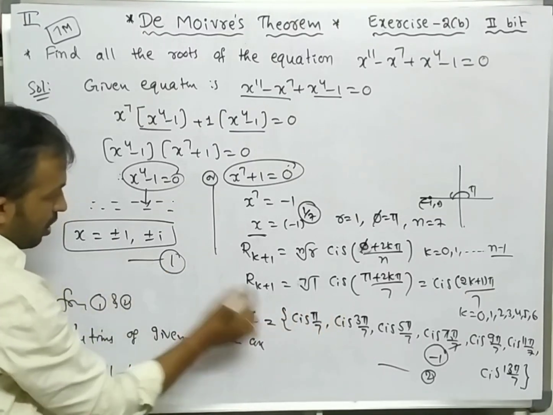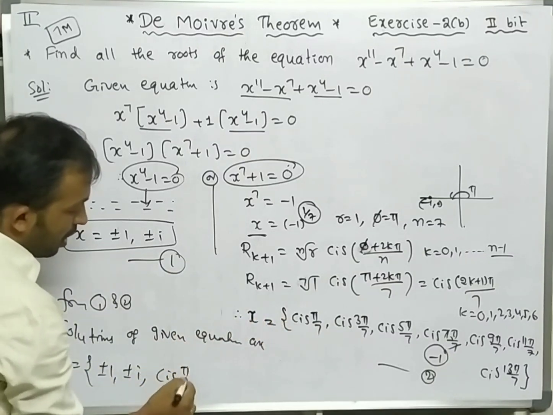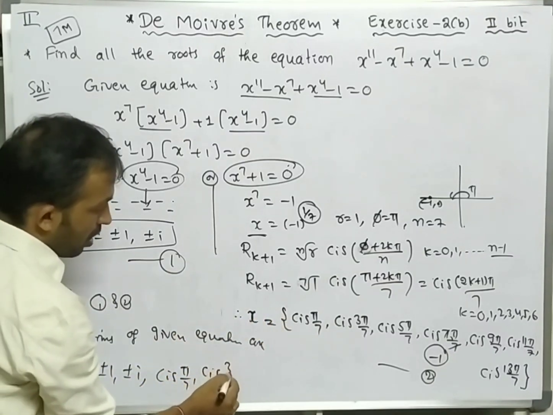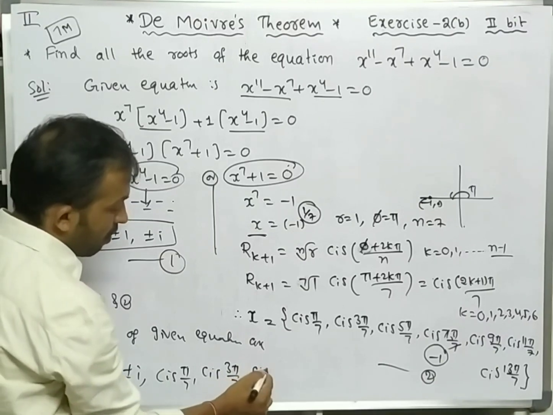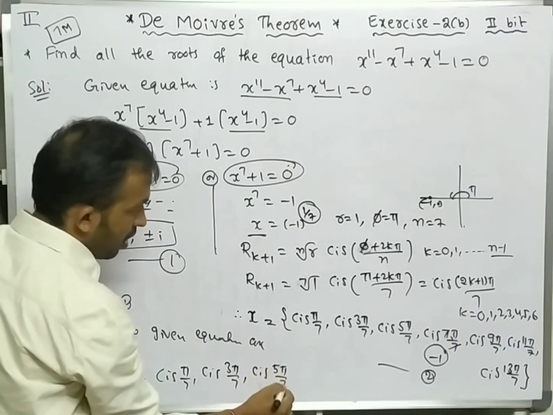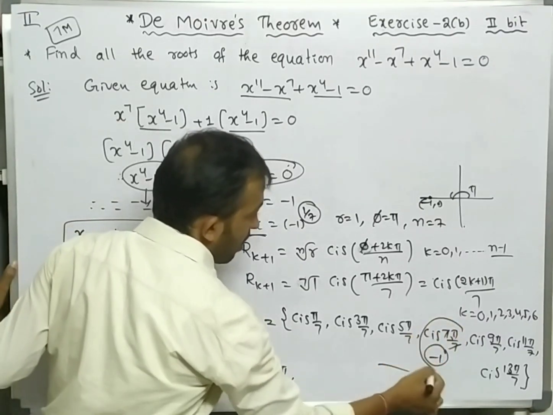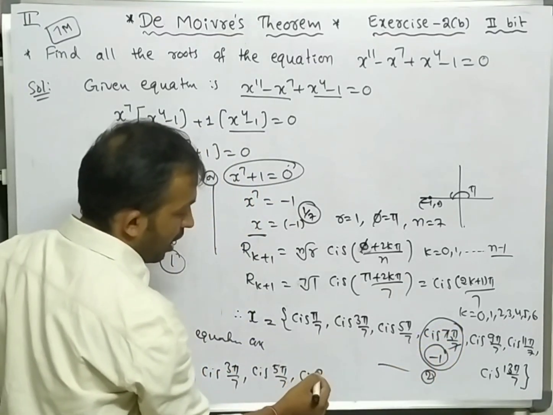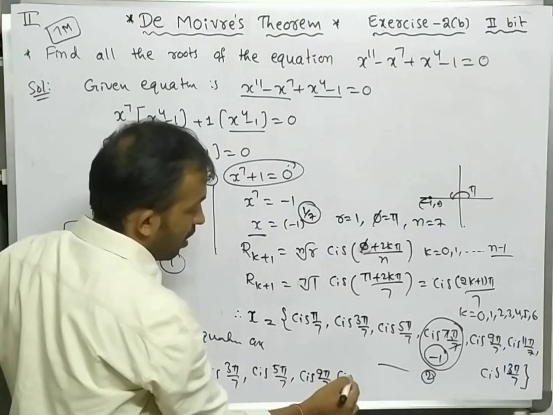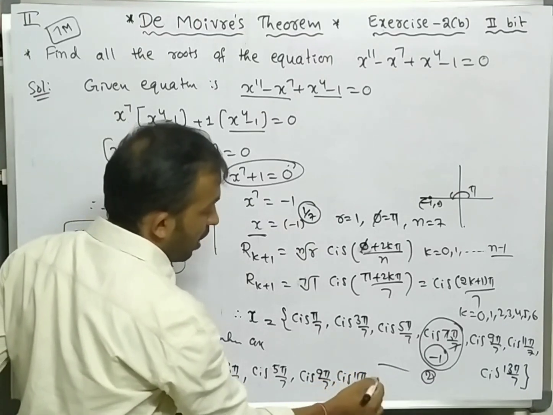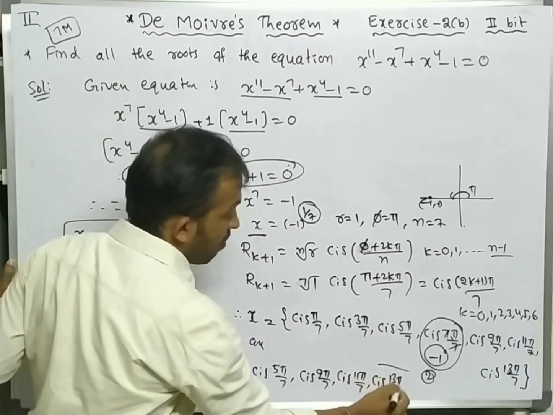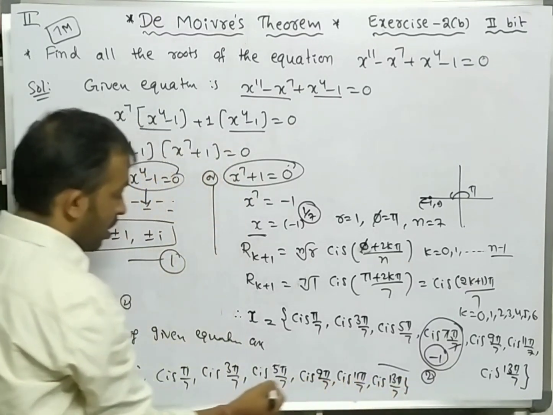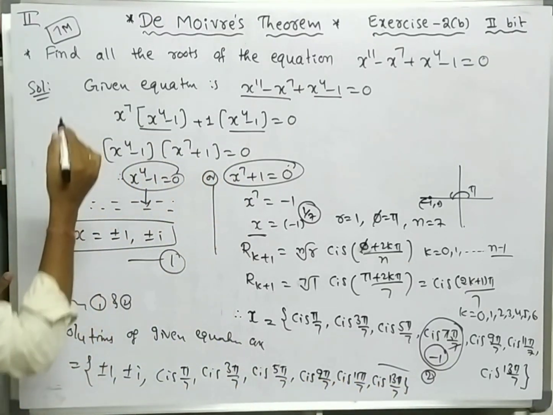So write all these: cis pi by 7, cis 3 pi by 7, cis 5 pi by 7. Don't write cis 7 pi by 7, already we have written minus 1. Okay, next cis 9 pi by 7, cis 11 pi by 7, and finally cis 13 pi by 7. So these are the solutions of the given equation.